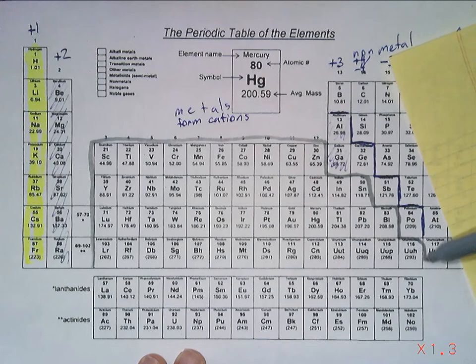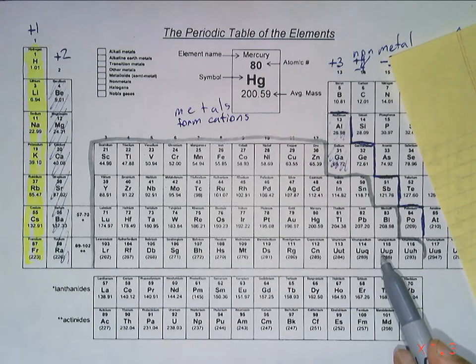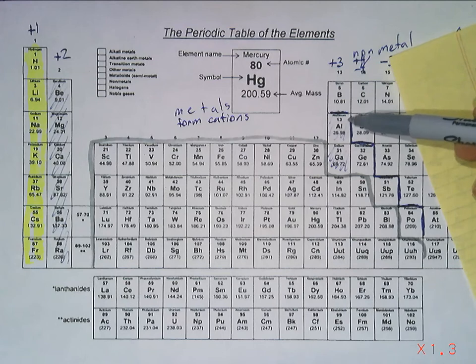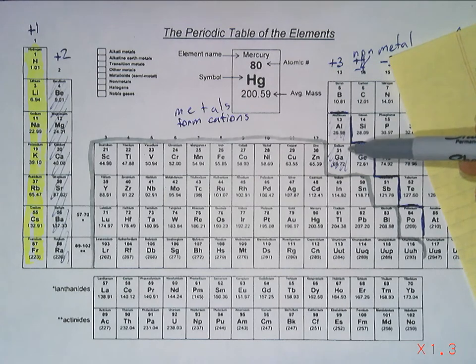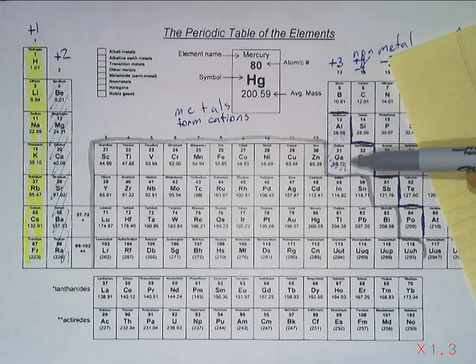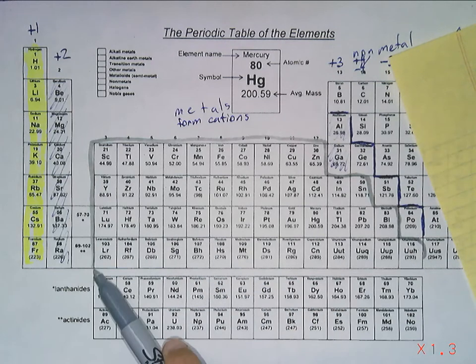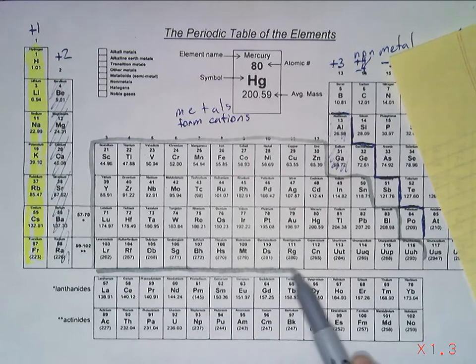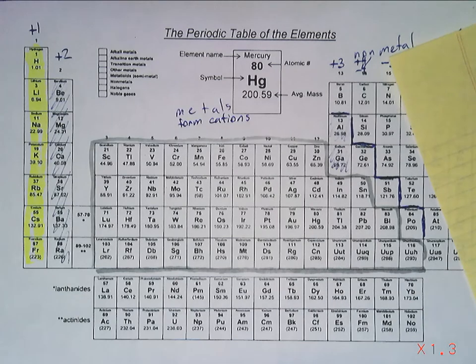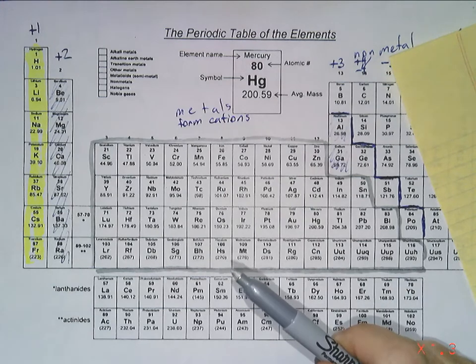These are all metals, and all of these metals here can have more than one charge. Now, aluminum and gallium here are metals, but they both have +3 charges on their ions, so they're pretty easy. But if you're inside this little sort of silver-shaped area that I have here, there are multiple charges possible, and you can't tell what the charges are by looking at the periodic table either.